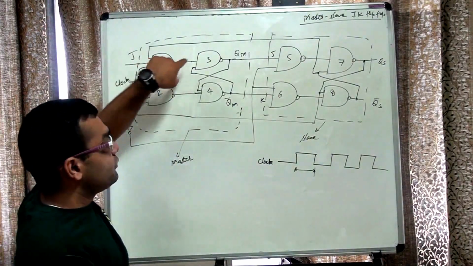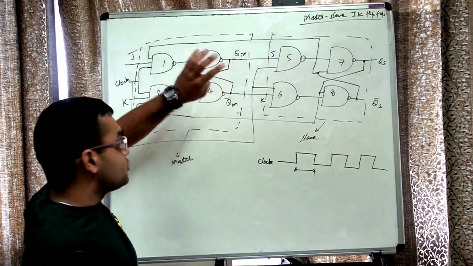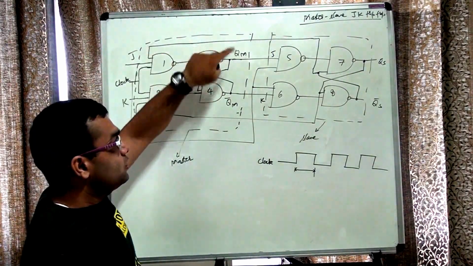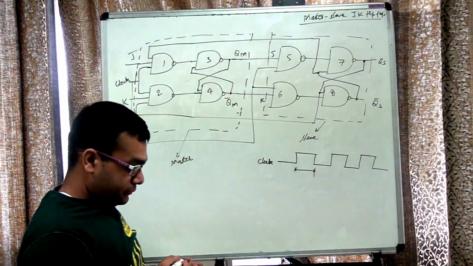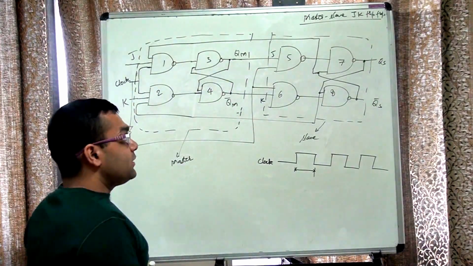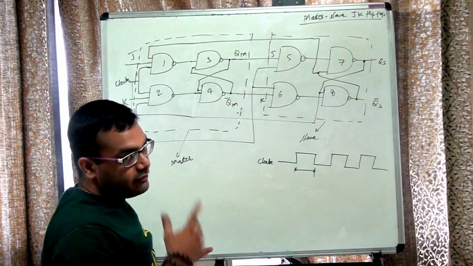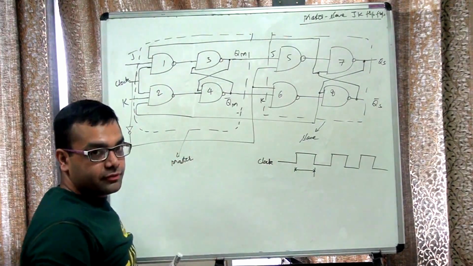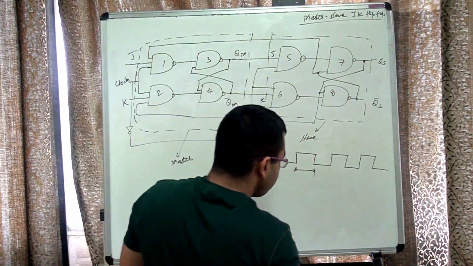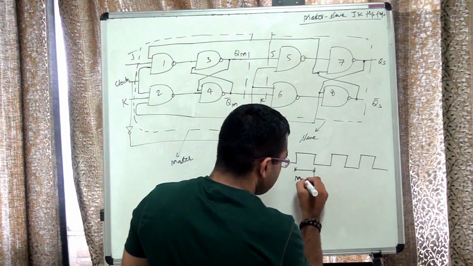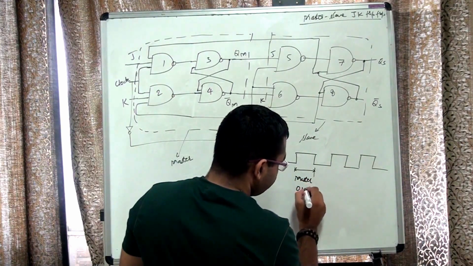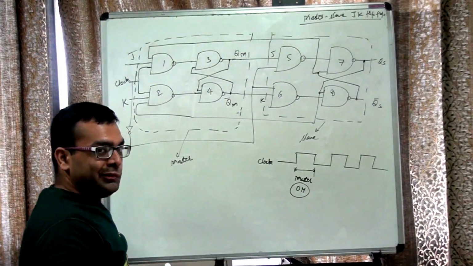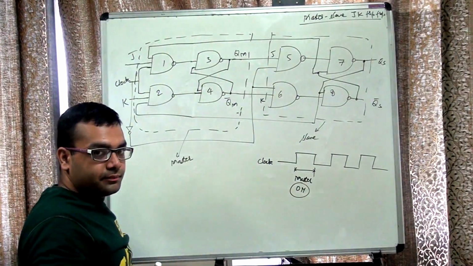The clock is 1 for the master, so based on the values of J and K, the master will compute the output and these outputs will be available at QM and QM bar. But the clock of the slave is 0, and for the working of the flip flop the clock has to be 1. The slave is off, it does not work, so it cannot produce new outputs.